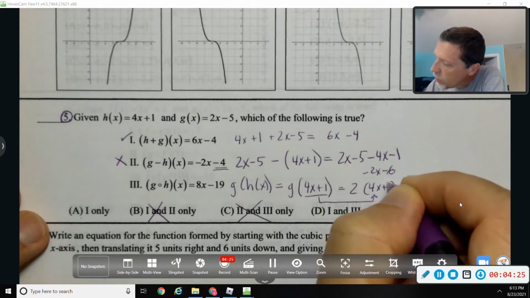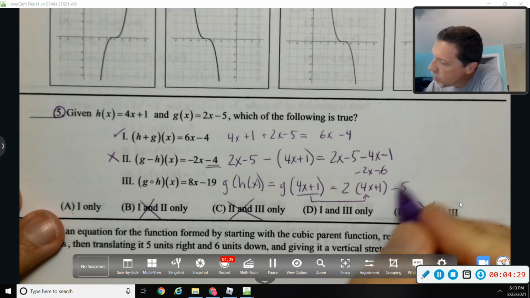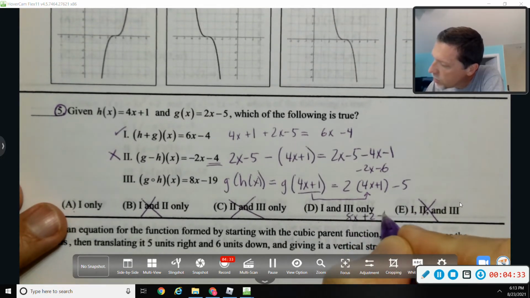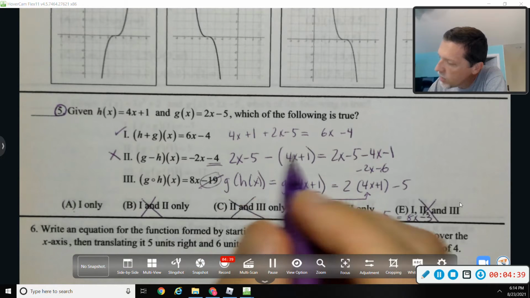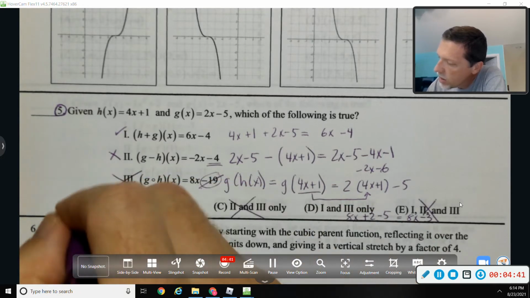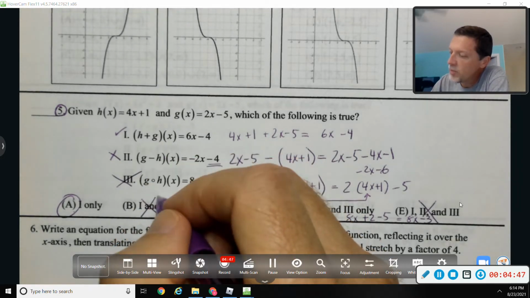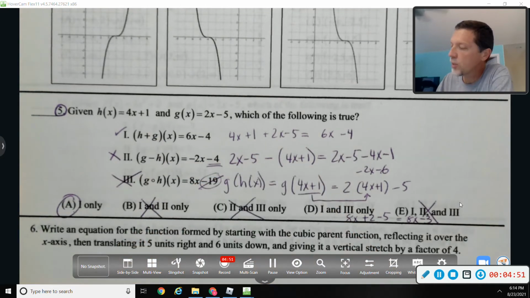So if I put 4x plus 1 in there and distribute, I'm running out of space, 8x plus 2 minus 5 would be 8x minus 3. I don't know where the 19 came from, so not 3, so 1 only. Great example of a problem that is one problem, but we tricked you into doing 3 different algebra problems in one there.